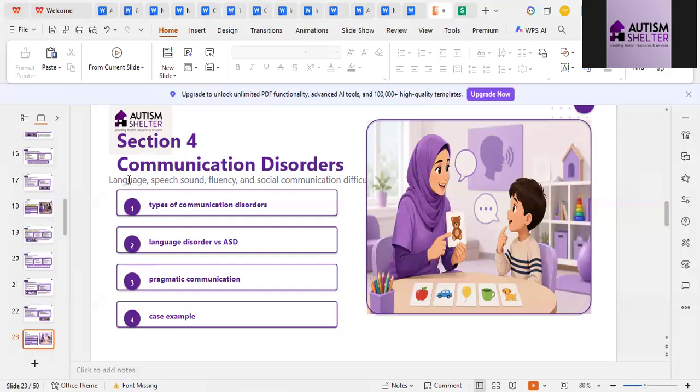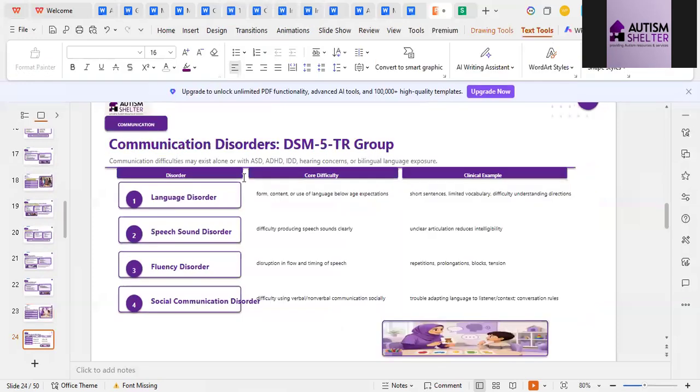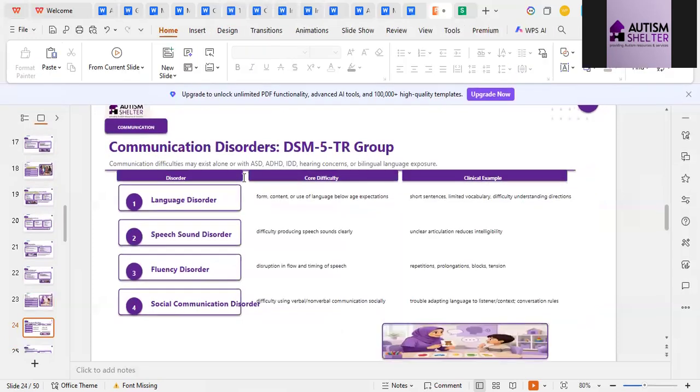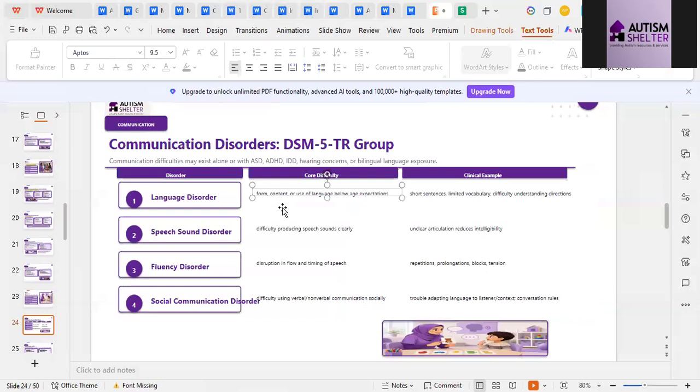Okay, you have to look at language, speech sound, fluency, and social communication. Let's go for this one, very easy: the language disorder. In language, there are three major terms: form, content, and use of language. For example, short sentences, vocabulary, understanding directions.